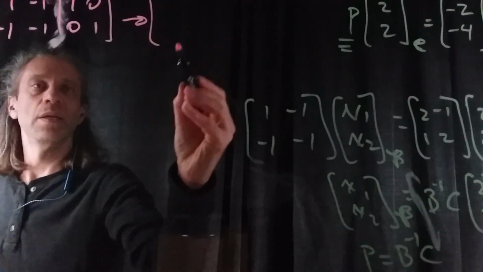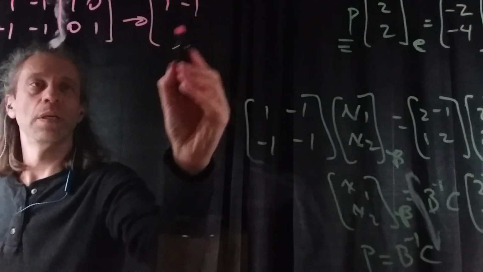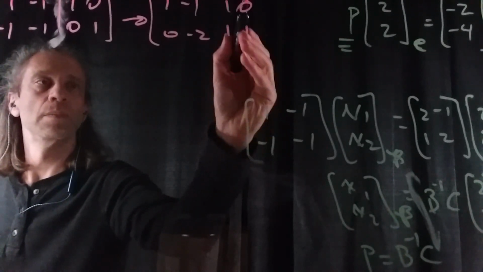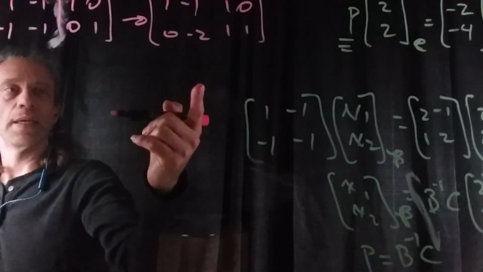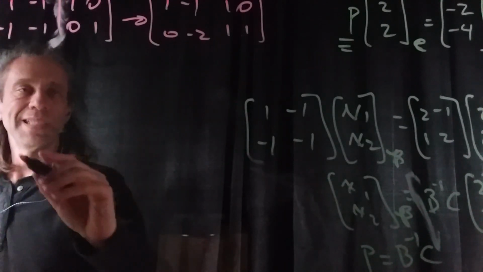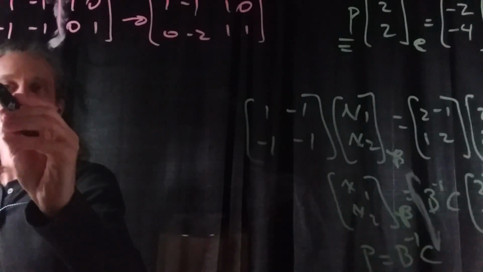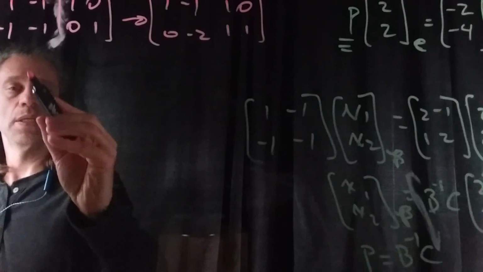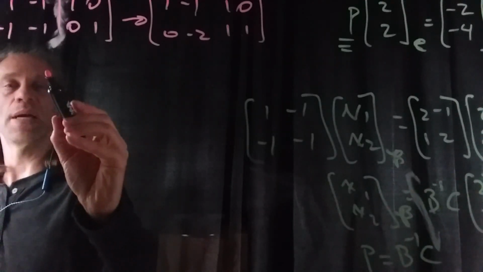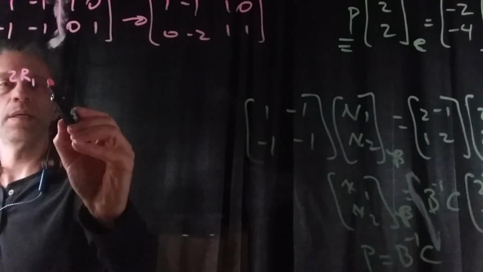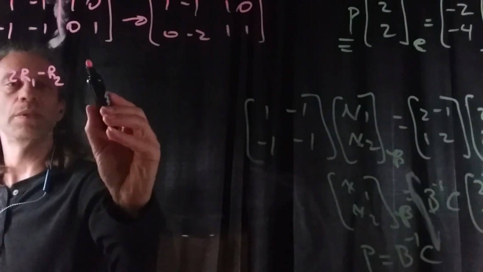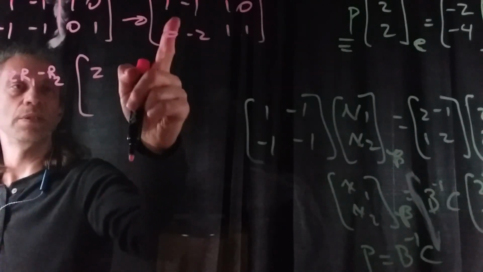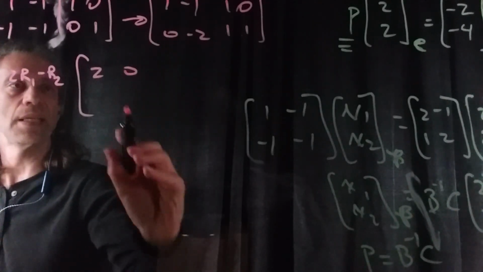If we add row 1 to row 2, I guess we could do the same thing we did last time, but maybe we want to try and avoid those fractions. So let's take 2 times row 1 and subtract row 2. Yeah, that's going to give me the 0 I want.